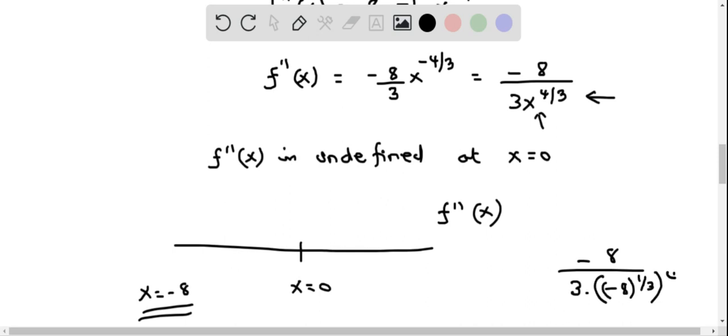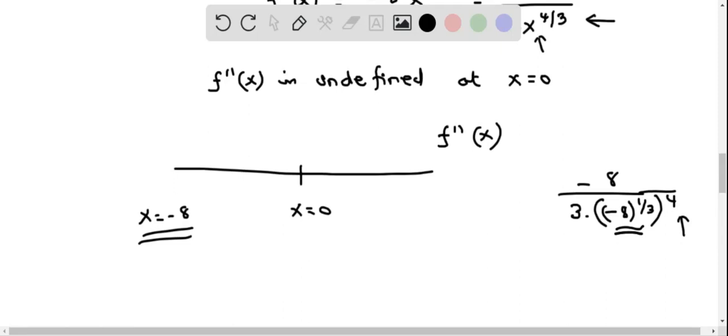Since we are raising it to an even power, this quantity, irrespective of whether x is positive or negative, is going to be positive. So the second derivative is always going to be negative. That is, we can say that it is negative here.